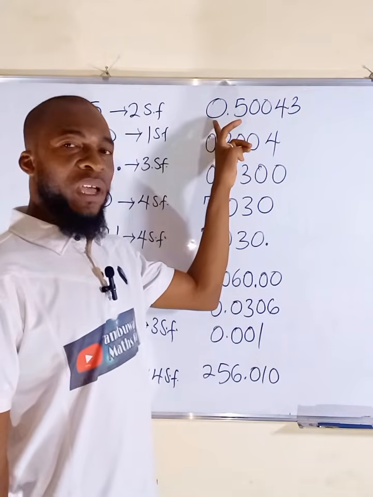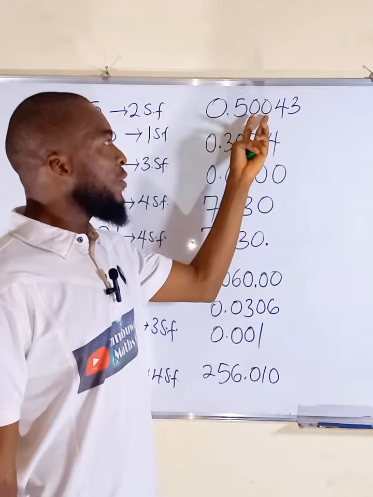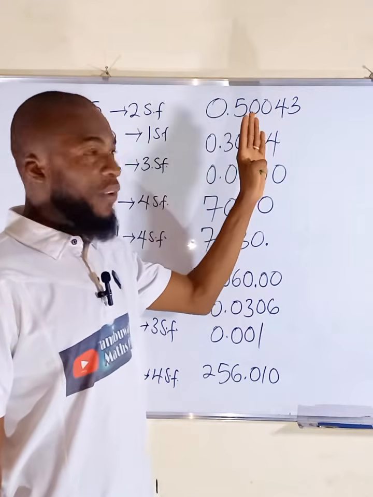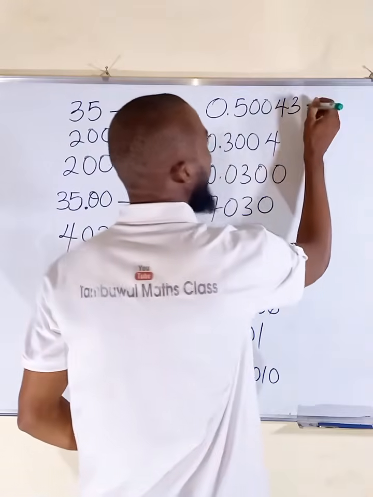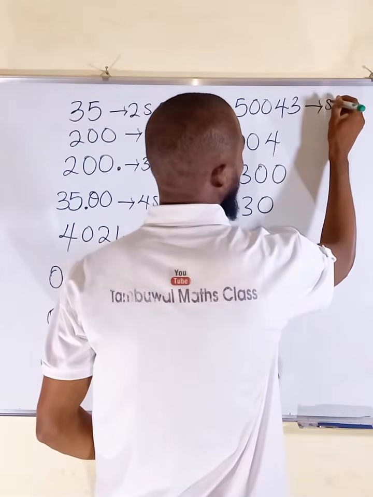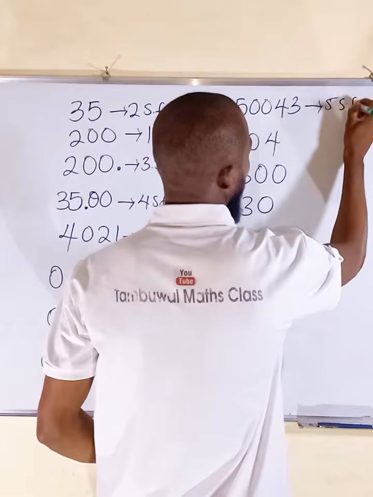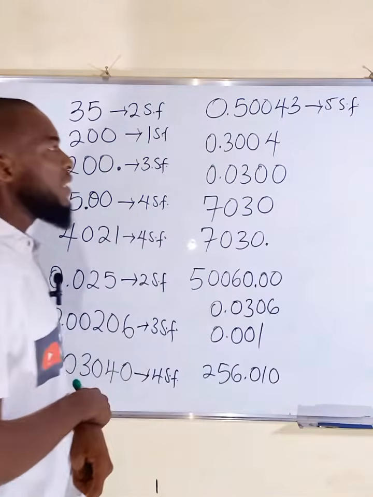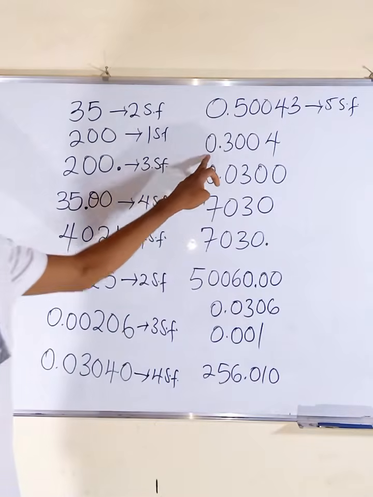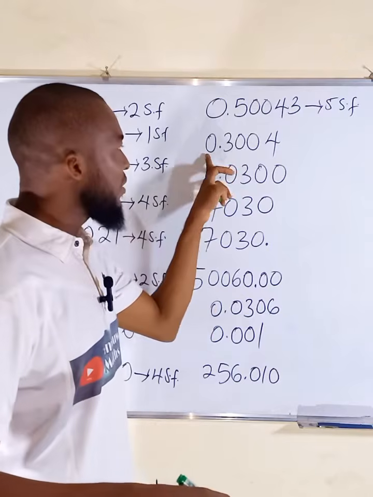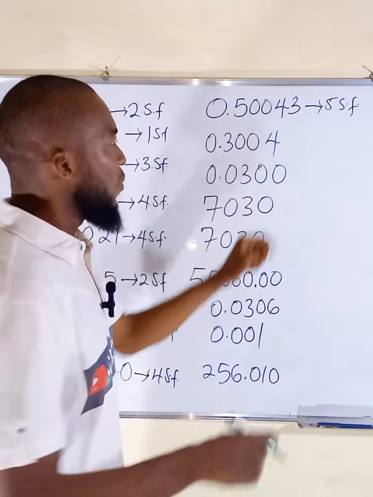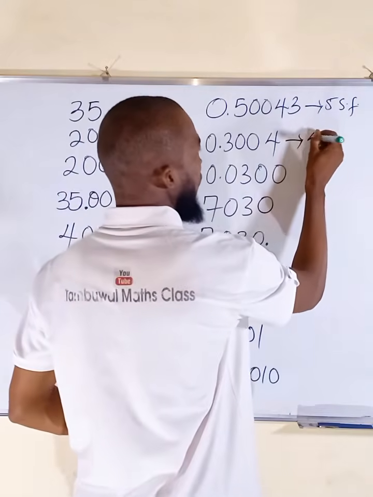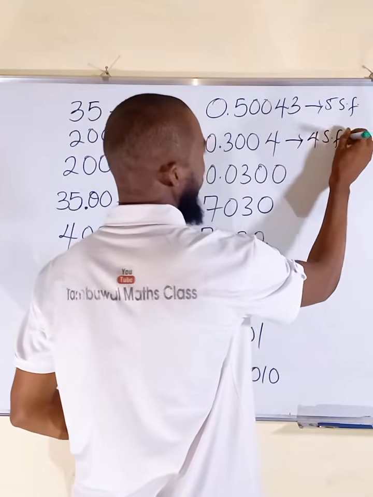We have a leading zero here, non-significant. We have middle zeros, they are all significant. So we have 1, 2, 3, 4, 5. 5 significant figures, right? What about this one? Leading zero, non-significant. Middle zeros are all significant. 1, 2, 3, 4. We have 4 significant figures.